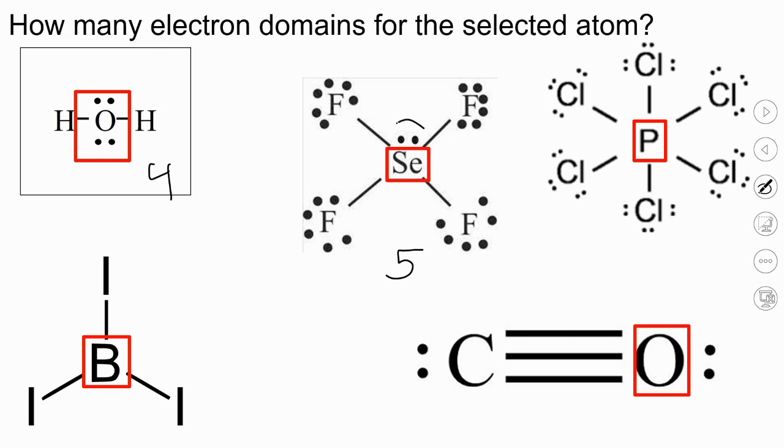We've got 1 lone pair and 1, 2, 3, 4 bonds. How about phosphorus? How many? Good, 6. We're just looking at the central atom. Phosphorus has 6 bonds, so 6 domains. How about this one? 3. Good. And then how about this oxygen? How many electron domains? 4.